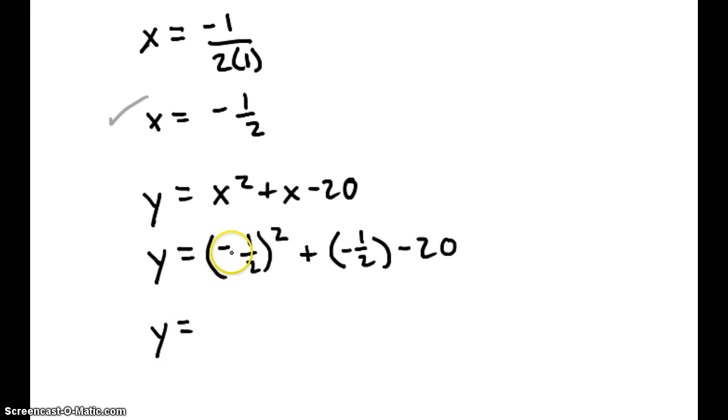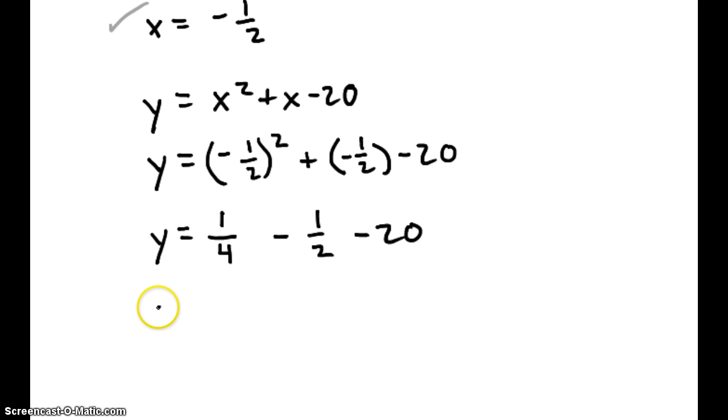So y is going to be equal to negative times a negative is a positive. So whatever this is going to be, it's going to be positive. 1/2 squared is 1/2 times 1/2, or 1/4, so positive 1/4. And plus a negative, that's minus 1/2 minus 20.